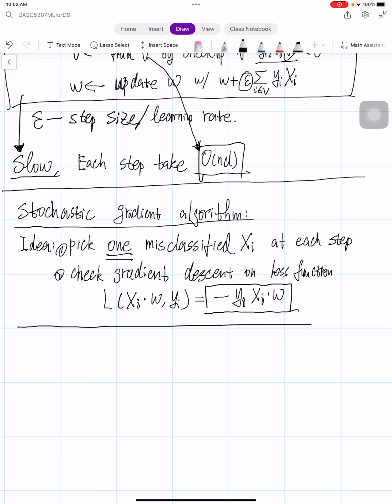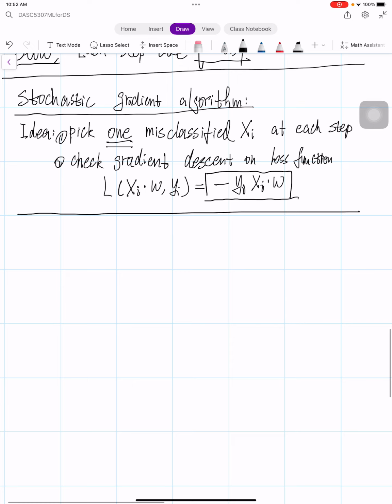So that's the idea, and maybe we can summarize a little bit. The stochastic gradient algorithm is: if there is a misclassified point, then we update omega by using omega plus yi xi.